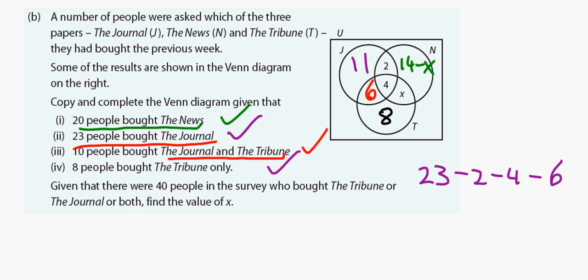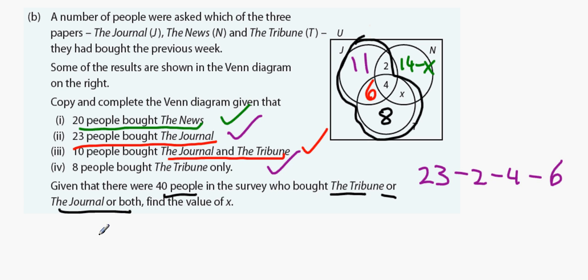Given that there are 40 people in the survey who bought the Tribune or the Journal or both. Okay, so what this means is when you add all this together, it equals 40. Okay, find the value of x.